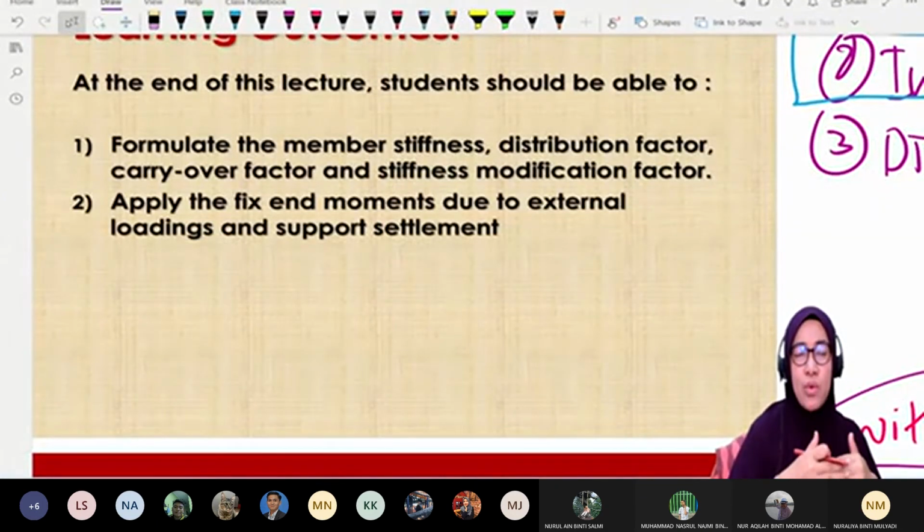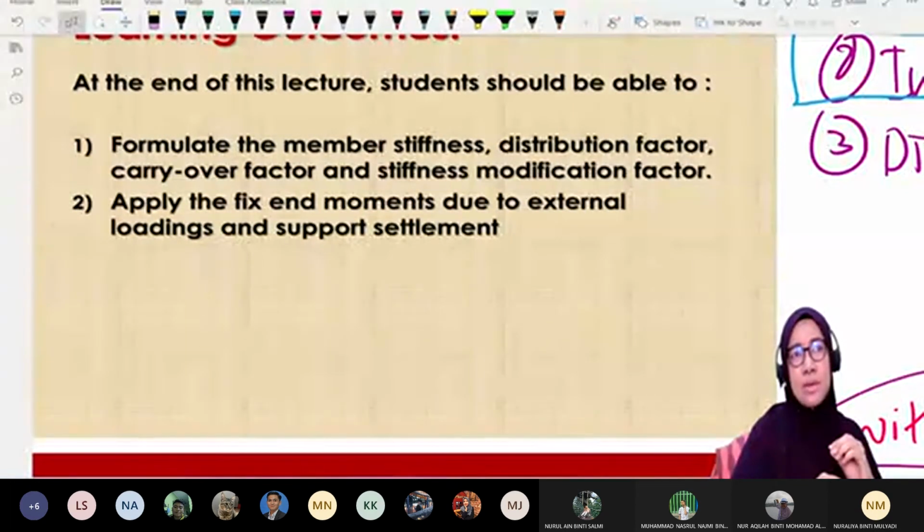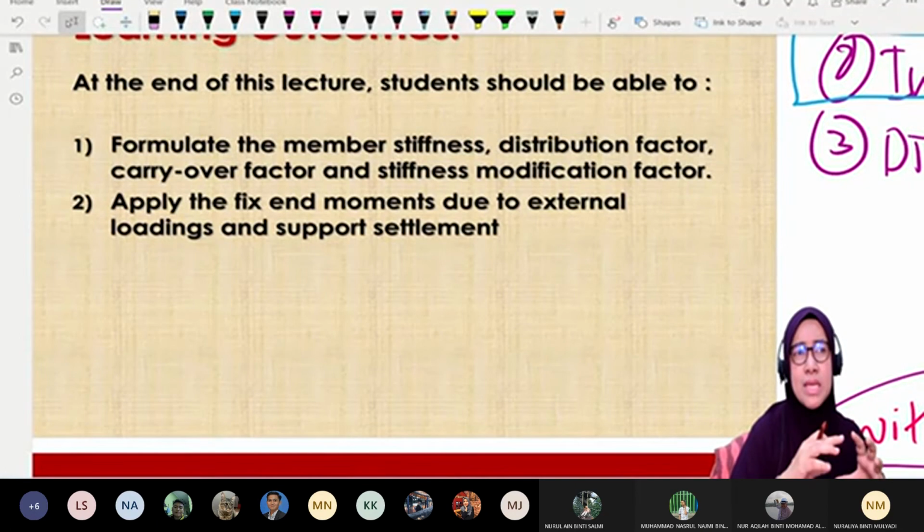If you have any question, please ask. I will not follow the notes one by one. I will highlight and focus on the important things and what is actually needed for you to answer the summative and formative assessment.